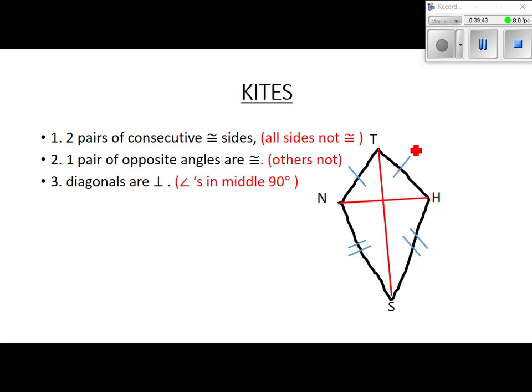So we know each one of these is a right angle. All of them are right angles. I'm only going to put one box in there. Does that help us with anything? Now it makes it look like it might be a rhombus or a square again, right? Because the diagonals in a rhombus or a square form right angles. But do these other things fit a rhombus or a square? No.